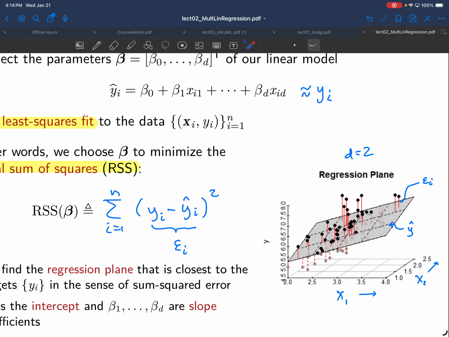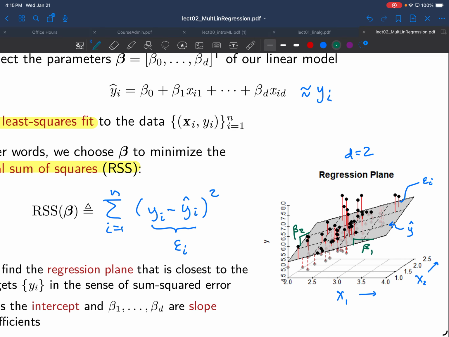And what we said is that we can look at the slope of this rising line here. That would be beta 1. The slope of this line would be beta 2.